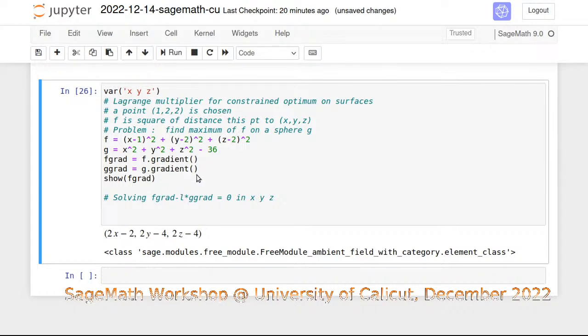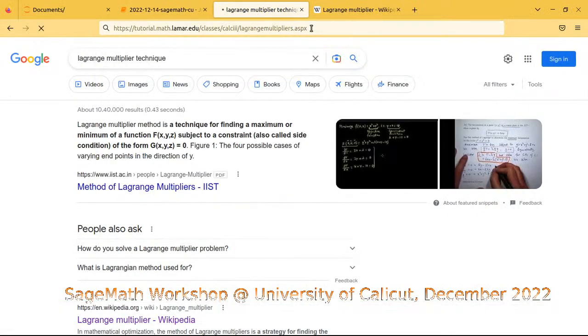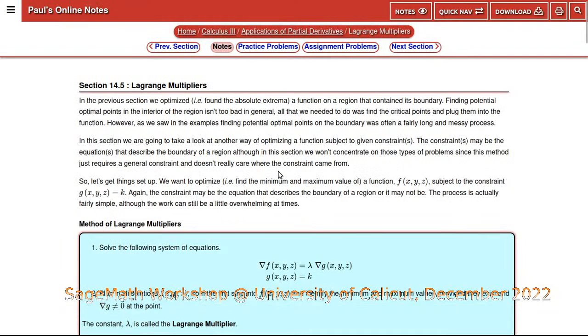One second, let me see if I can show you something. Okay, maybe I got a better place where I can show something related to that.